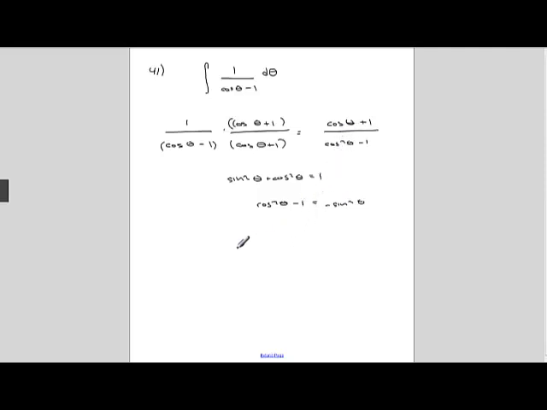So we can rewrite this as the cosine of theta plus 1 divided by negative sine squared of theta.